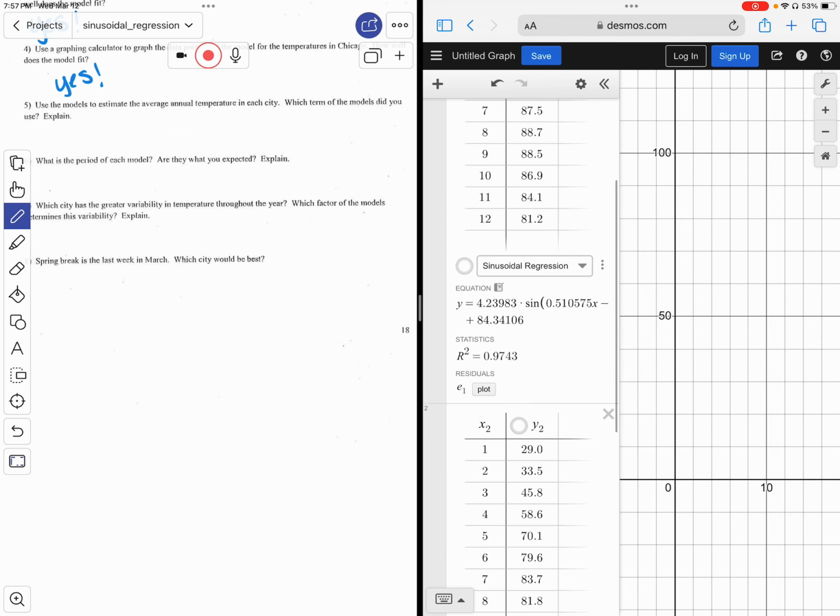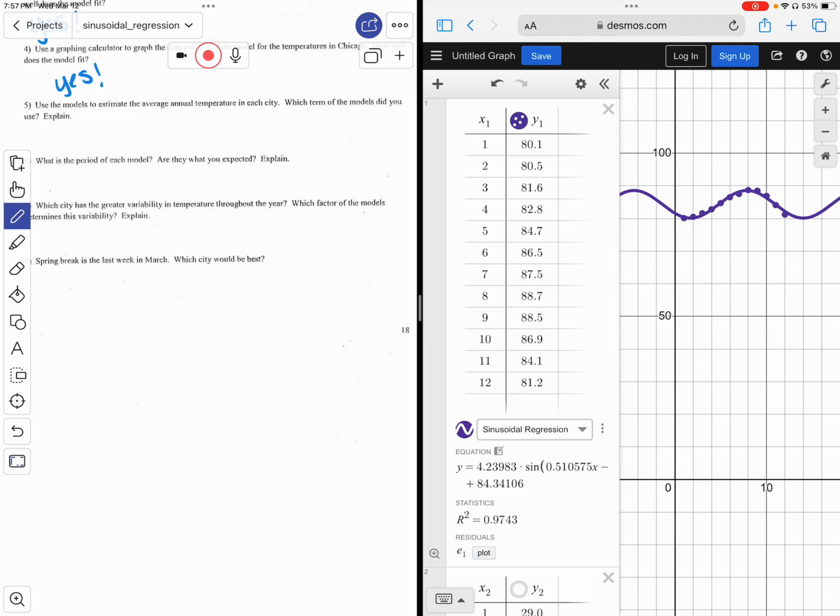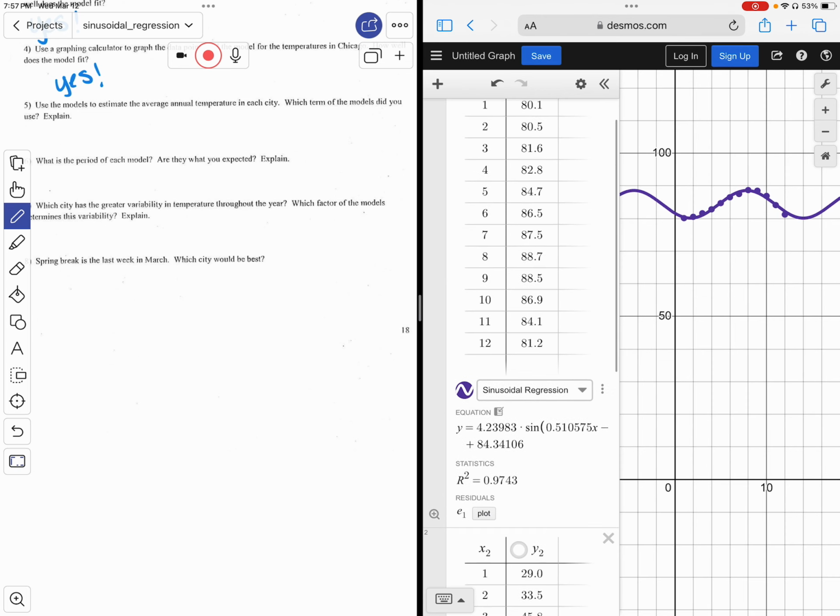So if I look at Honolulu, you have highs and you have lows. The average is the middle of that data. Like, what is it typically? So if I look at this graph, I know that the average of it would fall where my midline was, or in the middle of my data.